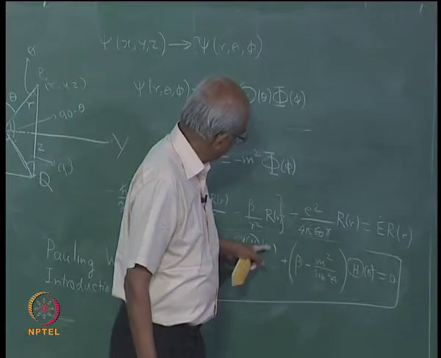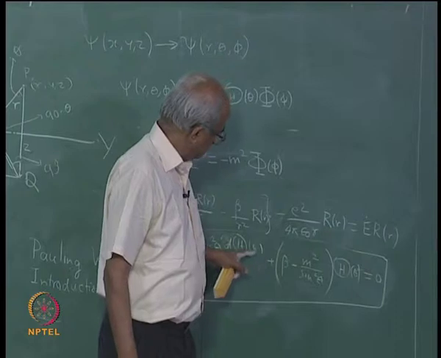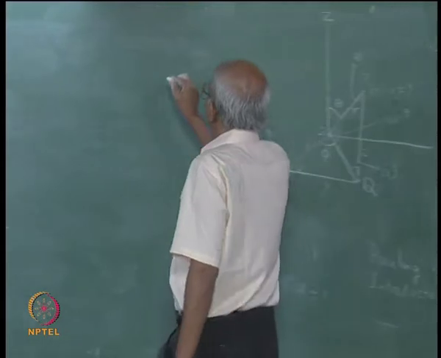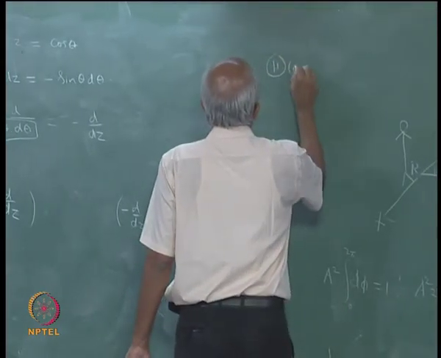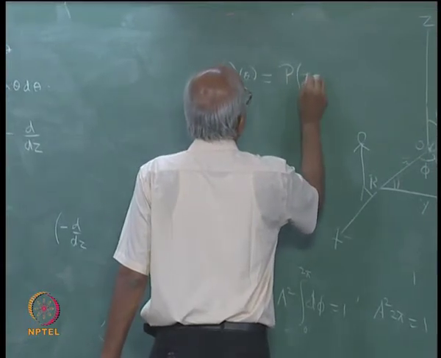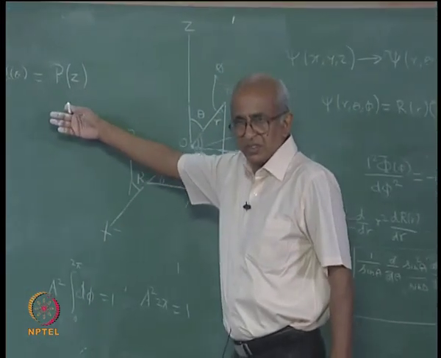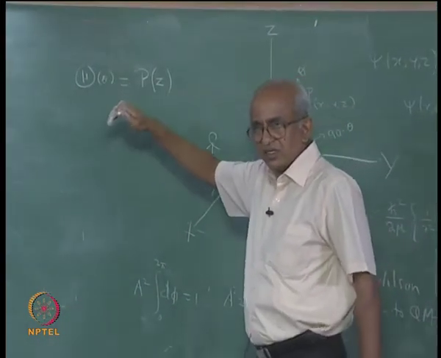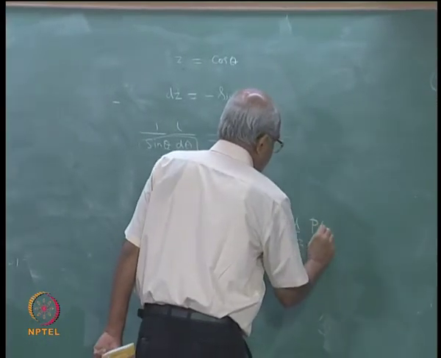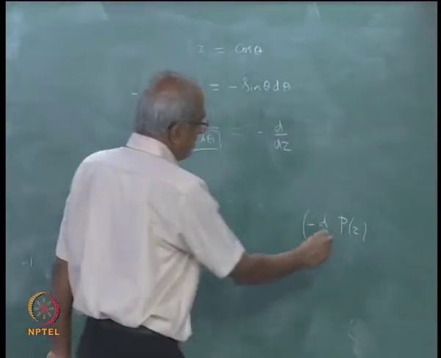But since I am going to change the variable, I have a new variable, and the function capital theta of theta is actually equal to some new function P of z, because the function will change when you change the variable. So P is defined to be equal to capital theta of theta.